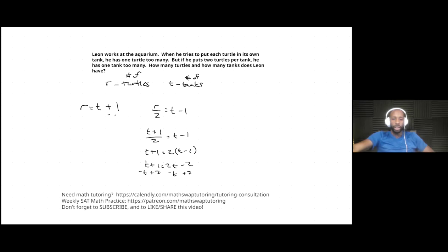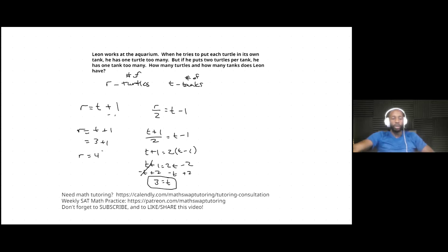Okay, so this goes away. 3 is equal to T. So we have 3 tanks. Now that we know what T is, we'll plug that into here. R is equal to T plus 1, so it's equal to 3 plus 1. R is equal to 4.